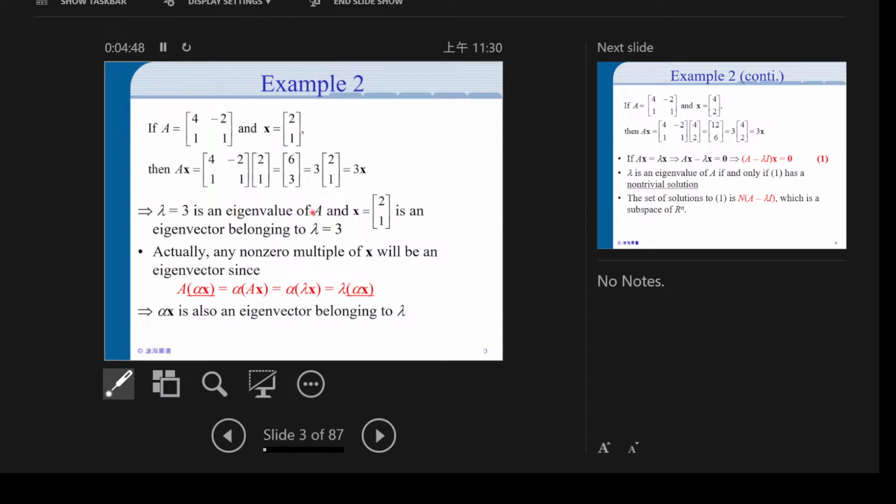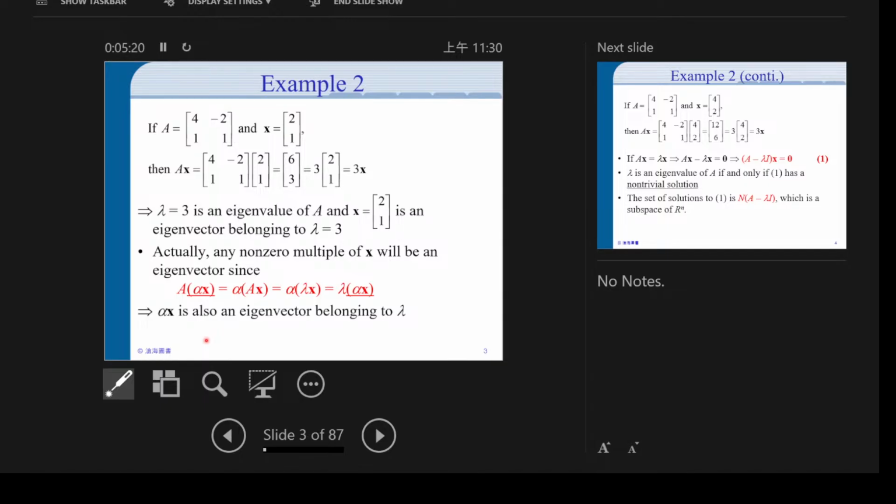From this example, because this multiplication is linear, we see the first property about eigenvectors: you can take any non-zero multiple of x, and it will still be an eigenvector. Because A times alpha x is alpha times Ax, you have the same eigenvalue: it's alpha times lambda x, and lambda times alpha x.